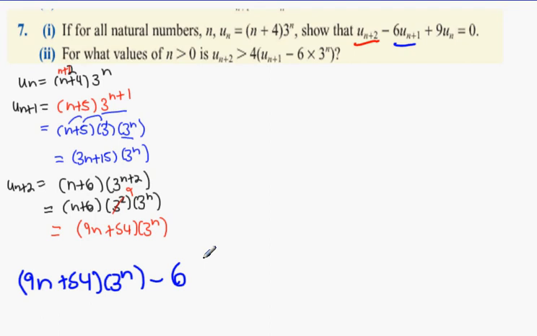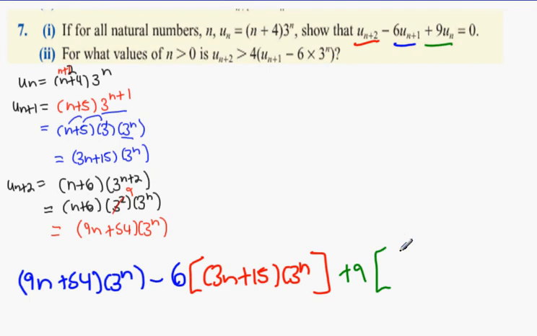What's u to the n plus 1? 3n plus 15, 3 to the n. Close brackets. And then finally plus 9 times u to the n. 9 times, where is that? n plus 4, 3 to the n.